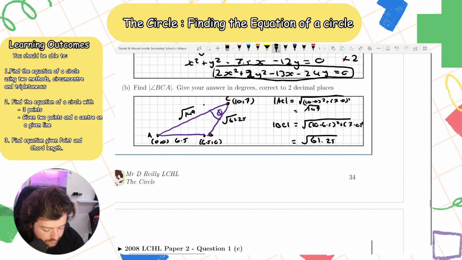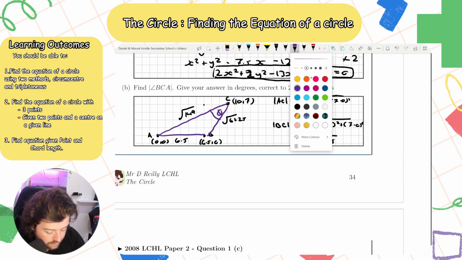I'm going to be using the cosine rule because I have 3 sides and I want to find an angle.